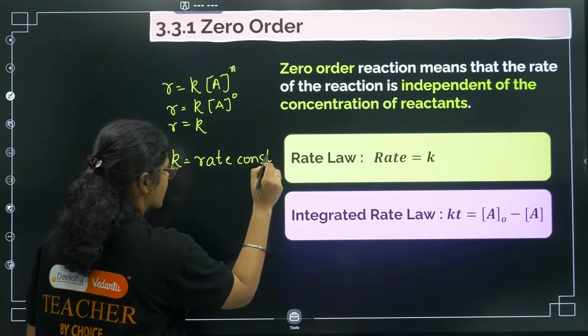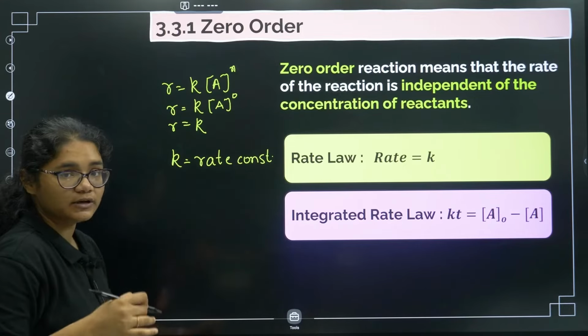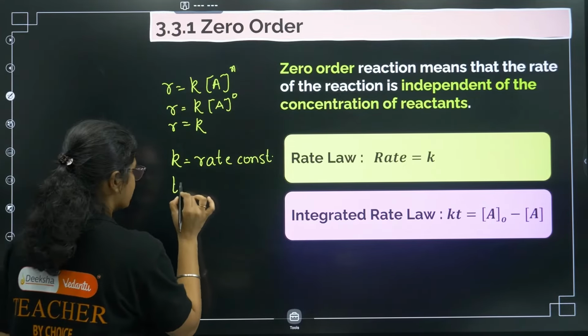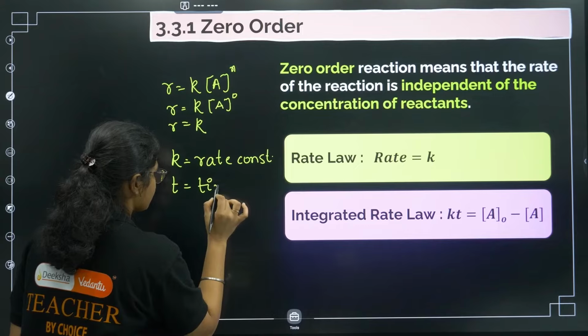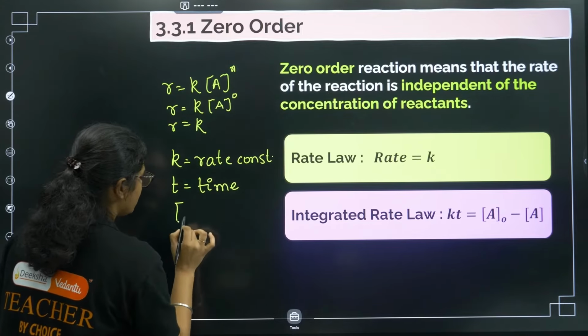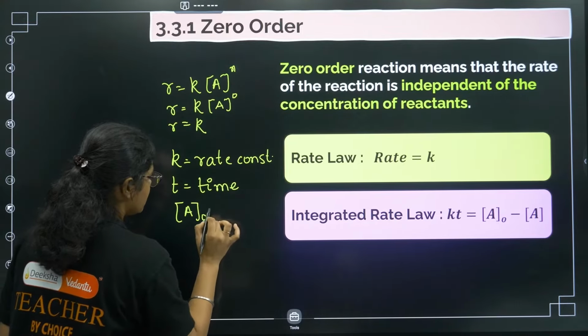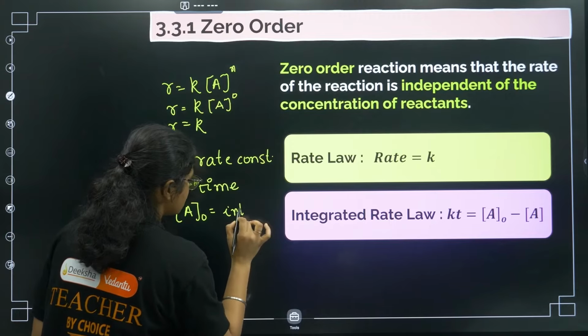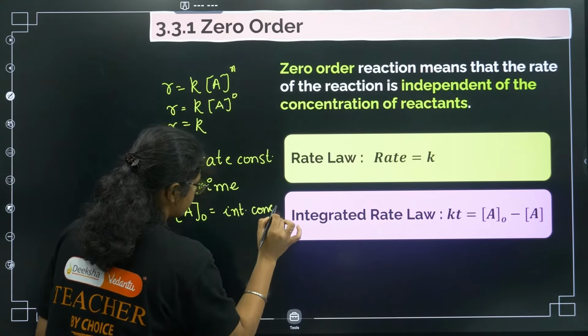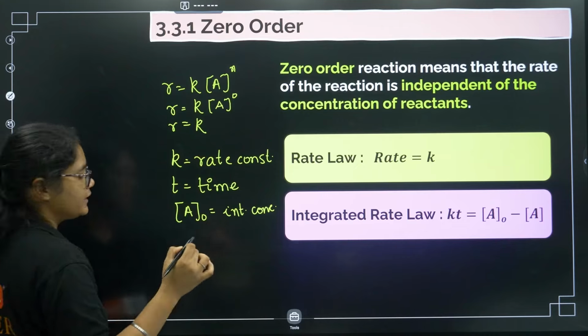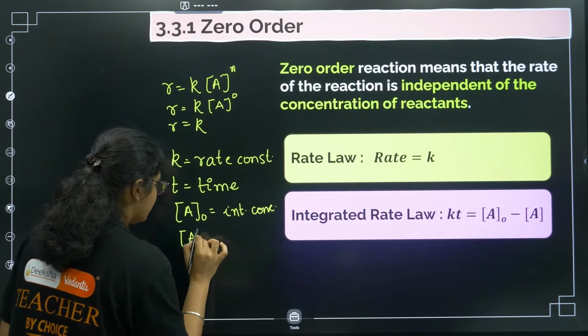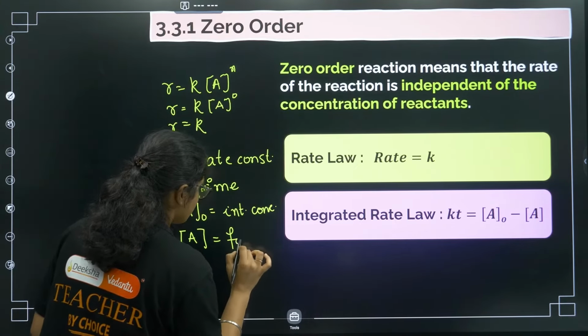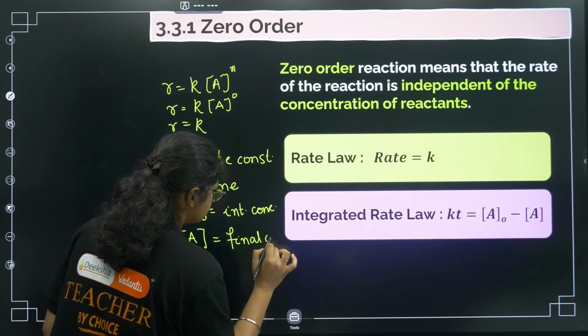I told you the integrated rate law also involves time as a factor, so T is time. A naught is the initial concentration, and A is the final concentration.